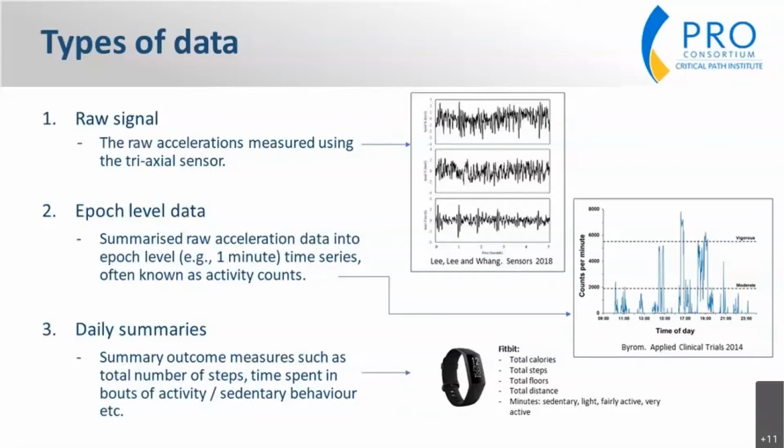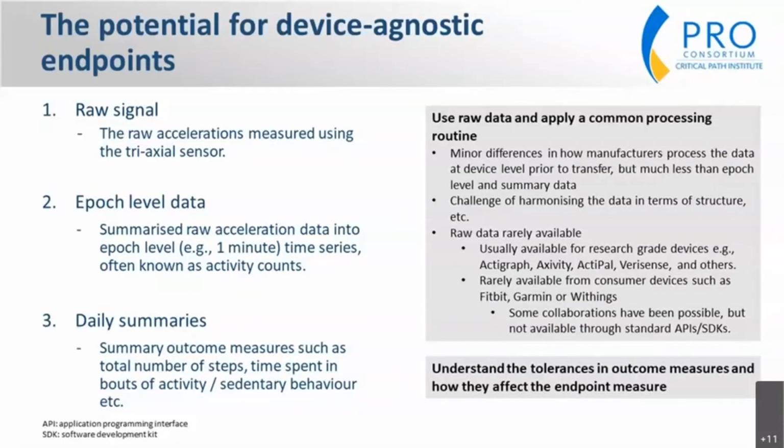And then finally, daily summaries. These are overall outcome measures like total steps that are generated by device-specific algorithms. For most consumer devices, these algorithms are proprietary, black box, built into the solution. And this is one of the reasons, perhaps, for variability between makes and models in the measurement properties, just like we saw with the Bender study example. Both epoch level and daily summary data are subject to the proprietary algorithms of the device itself.